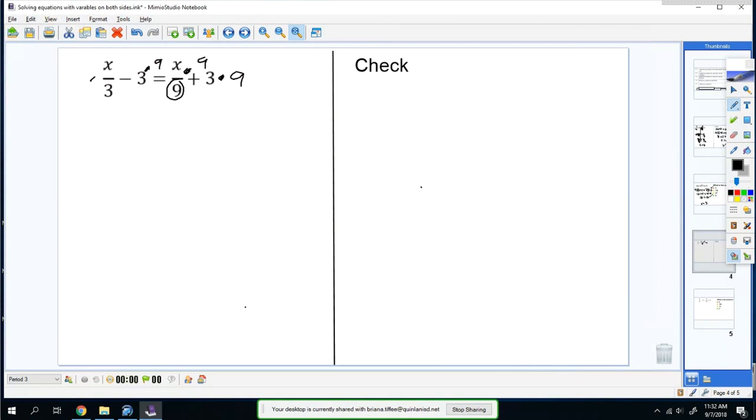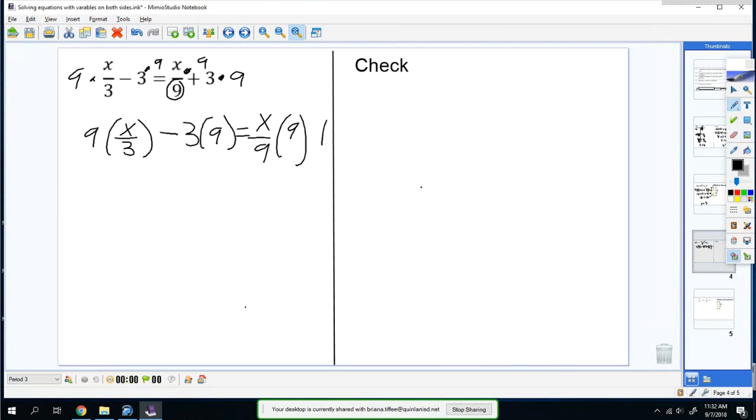And I'm going to rewrite this. So I'm going to multiply 9 to x over 3, and I'm going to multiply the 9 to the 3. I'm going to do x over 9 times 9. And I'm going to multiply this 3 by 9 as well.